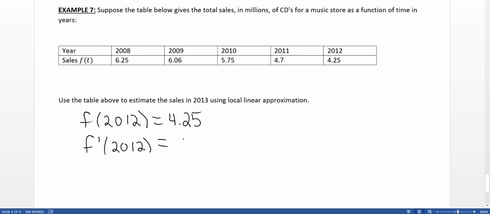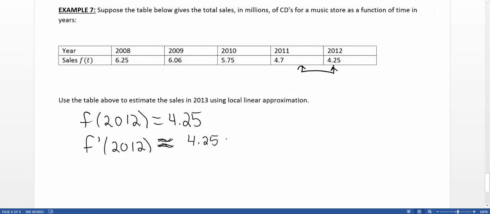However, in past sections, we learned how to approximate the derivative using average rates of change. So what I can do is I can do the average rate of change with the closest point to 2012 to give me an approximation for the derivative. So doing the average rate of change, I'll do the change in y over the change in x.